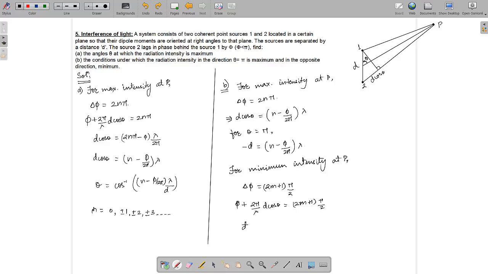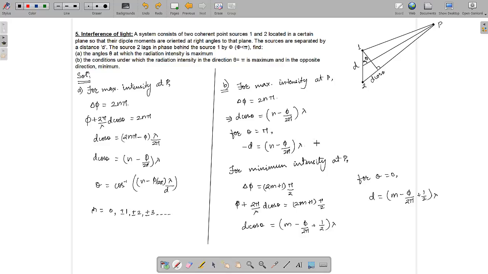This gives us the relation that d cos theta is equal to m minus phi by 2 pi plus 1 by 2 into lambda. Now it is given to us that the intensity should be minimum in the opposite direction, that is for theta equal to 0. For theta equal to 0, this will come out to be d equal to m minus phi by 2 pi plus 1 by 2 into lambda.